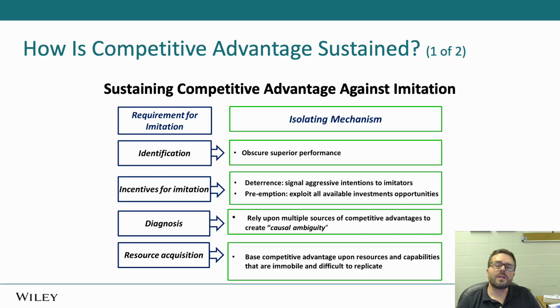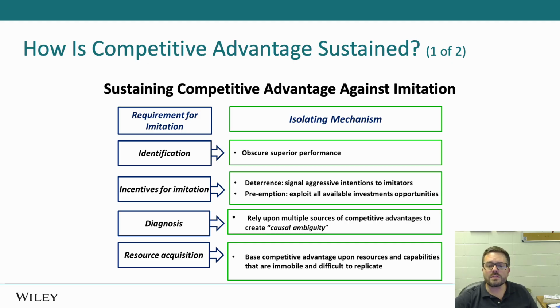So we've talked a little bit about how, for a resource or capability to confer a competitive advantage, it has to be valuable, rare, not imitable, and organized so that you can appropriate the value. That imitation one is probably in some ways the hardest. Some of the others can be easy, but not in the long term.